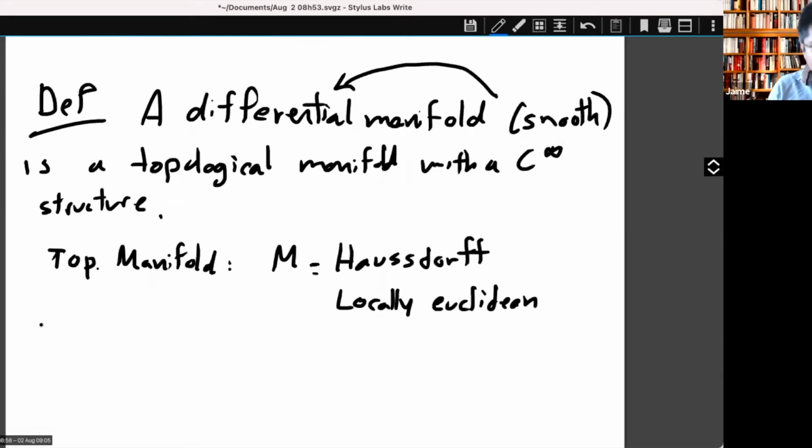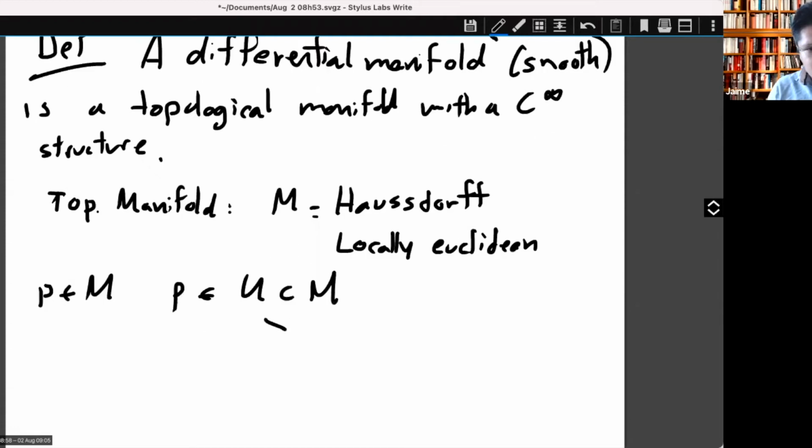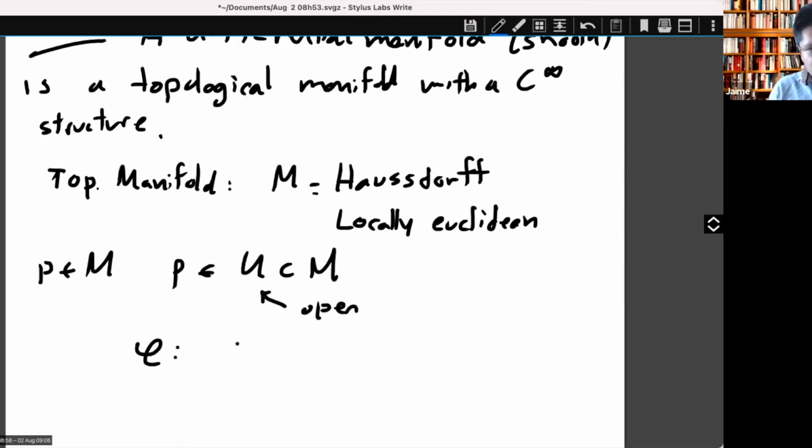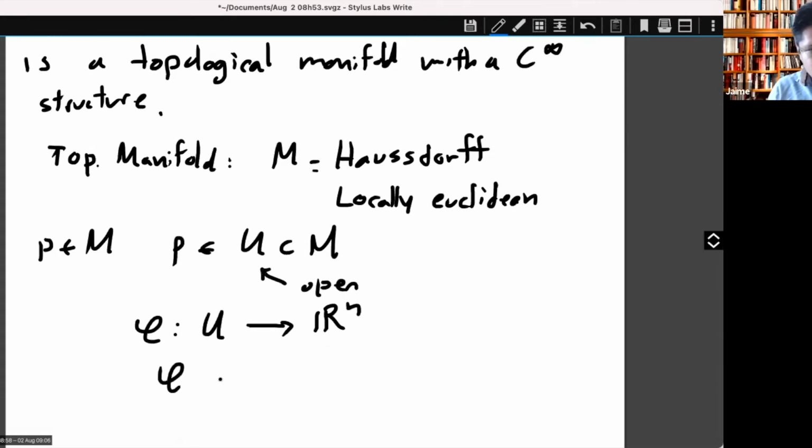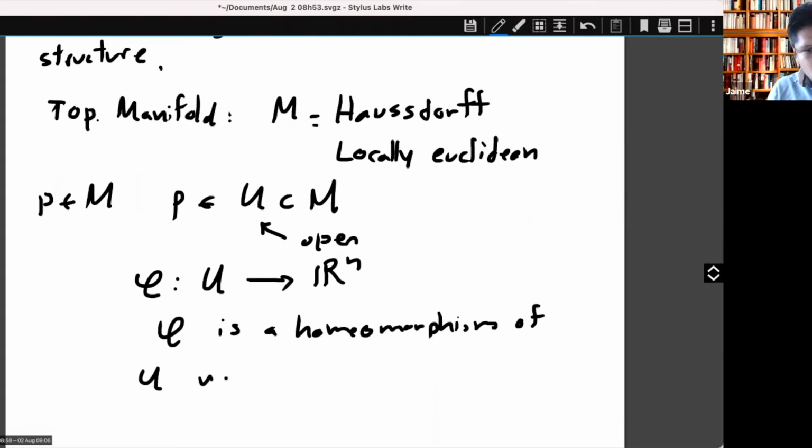What do I mean by locally Euclidean? It means that when you have a point here, then you can find an open set such that you have a homeomorphism of the open set with its image.